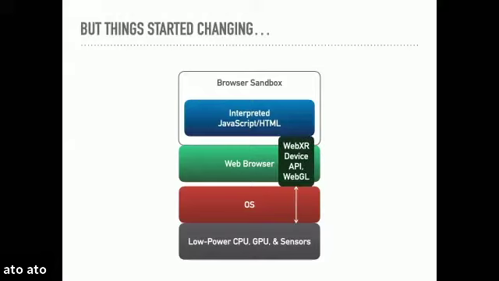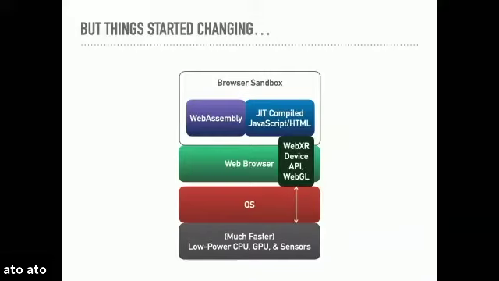We started to see interesting emerging standards get adopted, like WebGL, which gave web apps access to OpenGL and to the GPU power for 3D graphics. We had device APIs like WebXR that standardized the protocol and communication between web apps and other sensors that are common in AR and VR experiences.